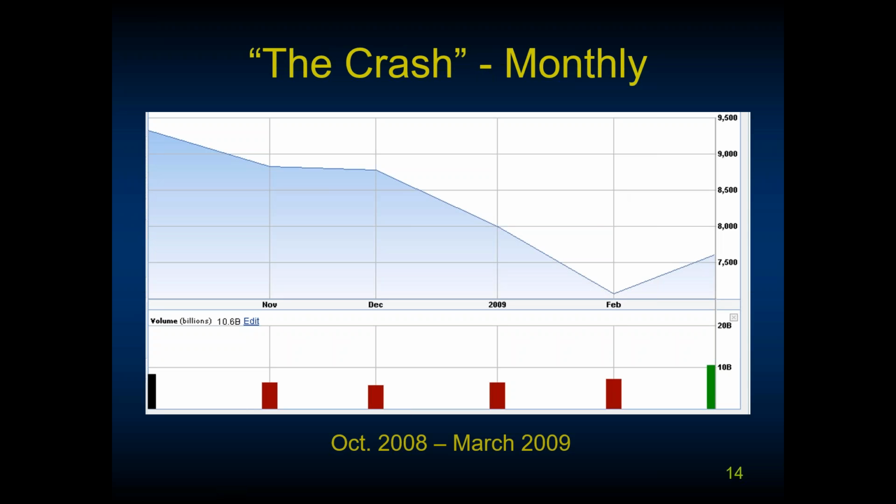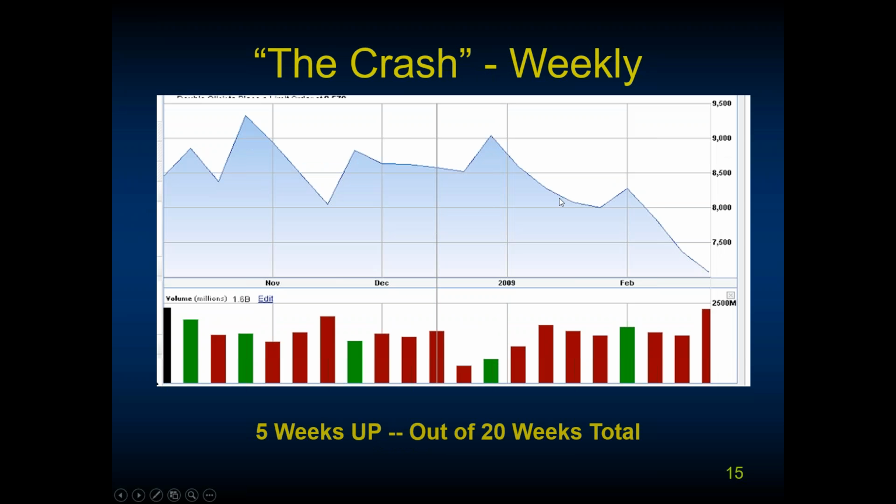These are 5 months, and if you were a long-term trader, if your activity level was kind of low and you were just taking long positions, well, basically we all know people who traded like that got killed, and the crash was real. But if you were a bit more active as a trader and you were in and out every week, well, you can see that there were 5 weeks that were up out of 20 weeks total. The crash was tough, but it wasn't quite as bad because you could recoup some of your losses in those up weeks.